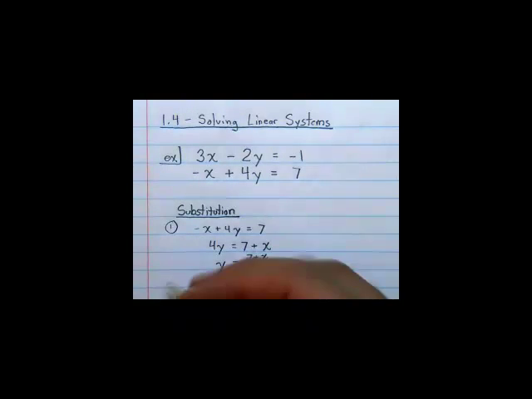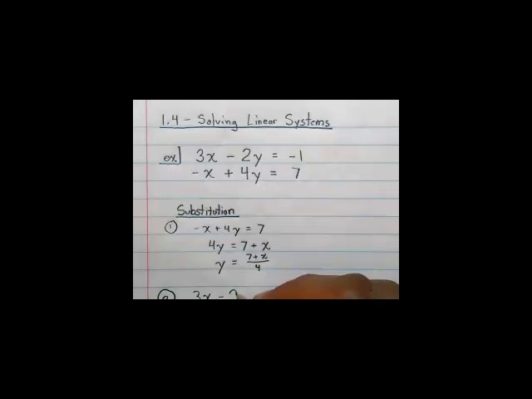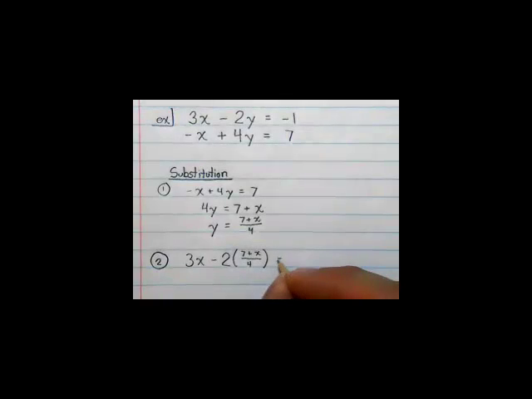So that's what I'm going to do. So 3x minus 2, and then in place of the y, I've got 7 plus x over 4 equals negative 1.